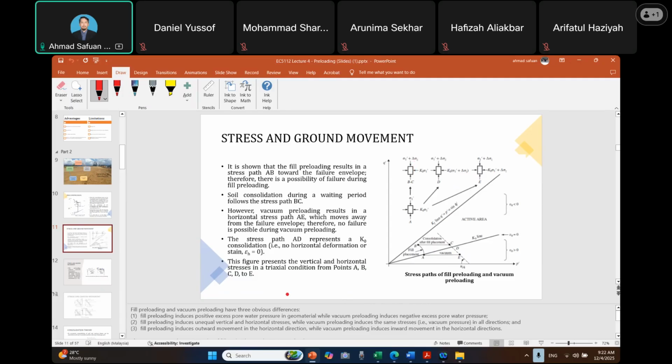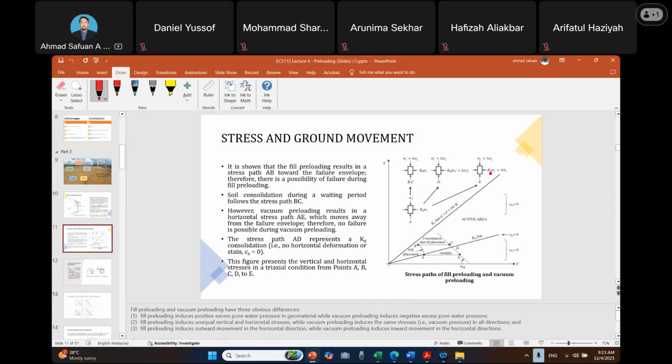Then at D, the additional surcharge adds to the lateral force on this sample, while for E, the delta sigma z is not multiplied by K naught.